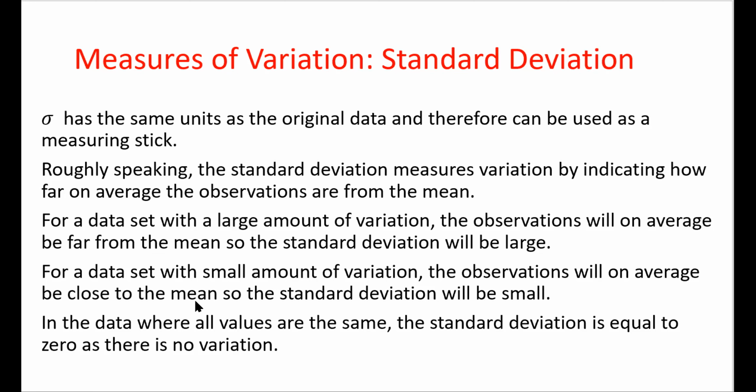That means that your data is spread out. So in a data set where all values are the same, the standard deviation is equal to 0, as there is no variation. All right, we're going to use this later, but for now, just take note of it.